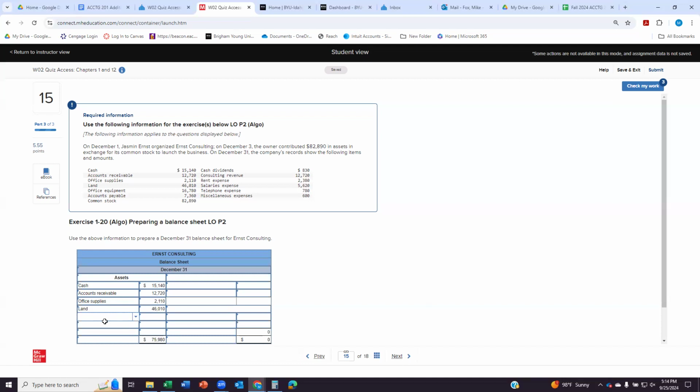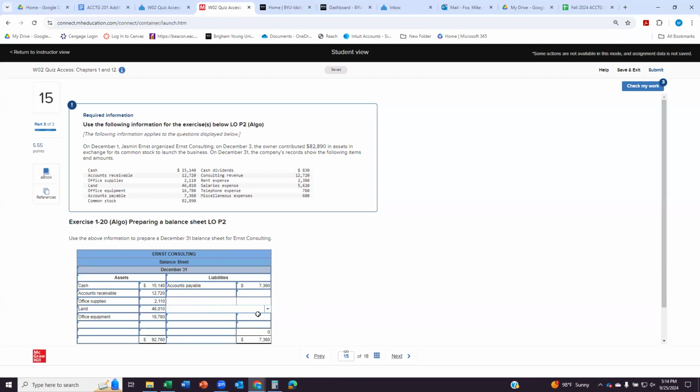And office equipment of 16,780. So there's our total assets, our liabilities. That's money we owe other people. We only have one, accounts payable. And that was 7,360.